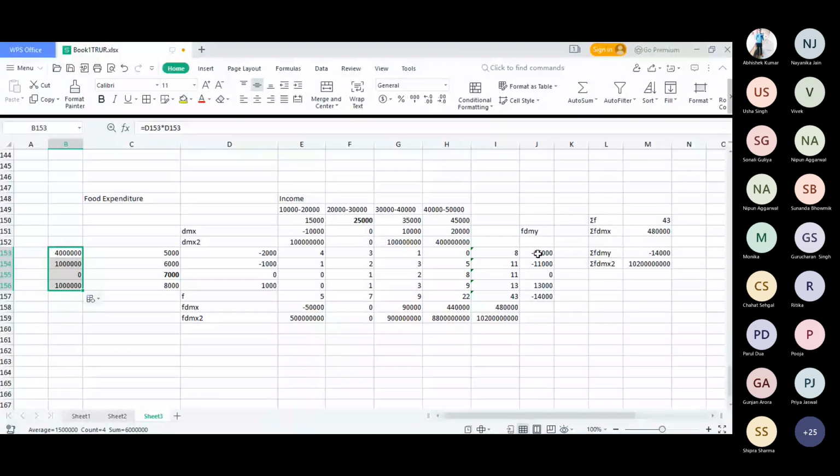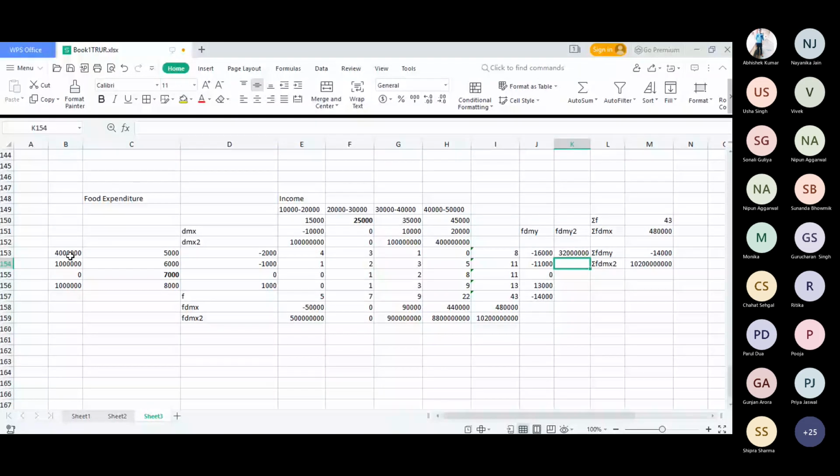So f dmy square is, you have to multiply this dy square value with the f, which will be equal to this, your f multiplied by this dy square. So this will be the values of dy square, and then you have to make the summation.